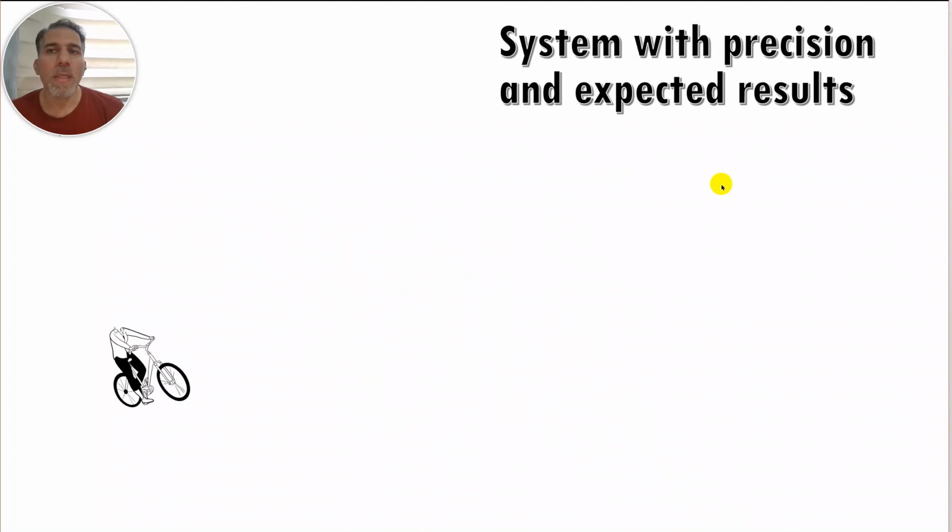Now look, the system with precision and expectation will work for you. Let's say this is your system, your strategy. It doesn't matter who is riding this bicycle, as long as you know how to ride it. What do I mean by that? Maybe you think your psychology has a problem.